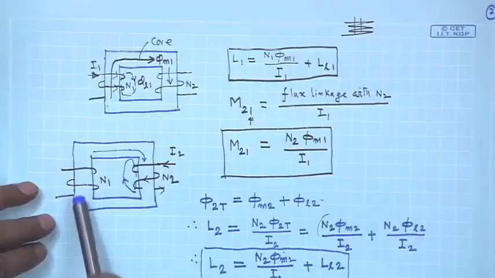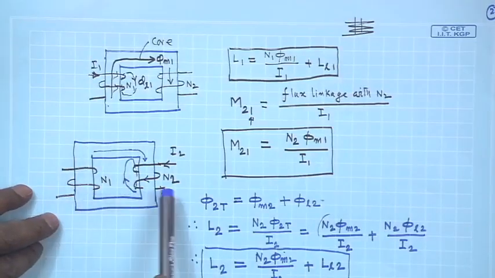Let us continue with the self and mutual inductances of coupled coils. We have taken simple coupled coils, that is 2 coils, linked with a common magnetic circuit like this, core N1, N2.